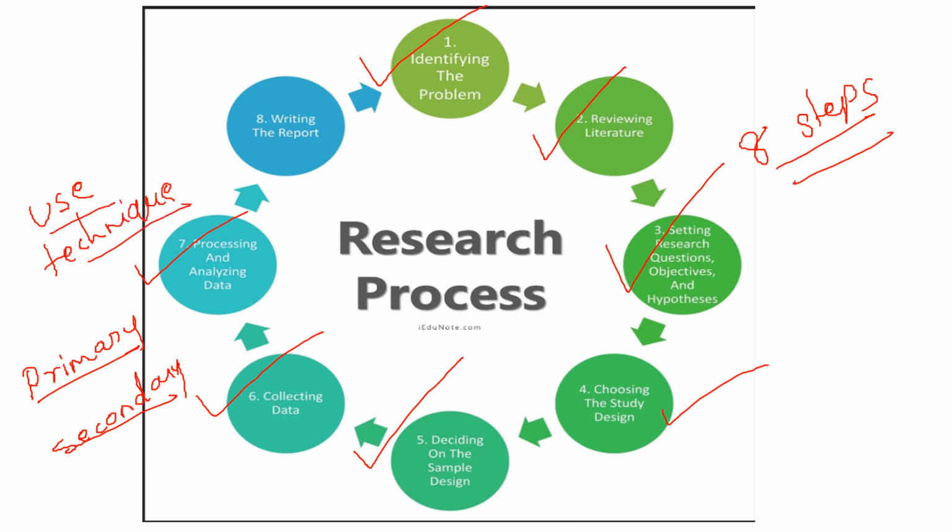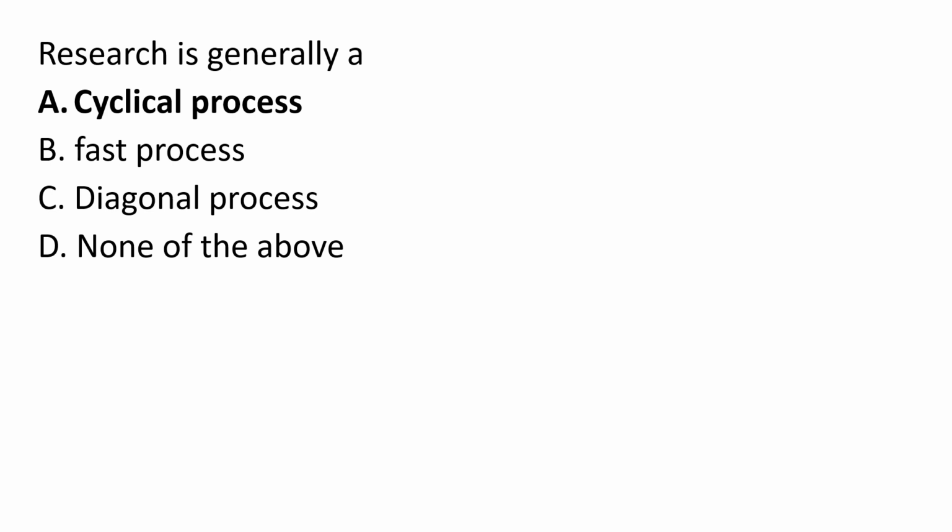And the last step is writing the report or a conclusion. So these are the 8 steps which are really important in the research unit, which you have to remember. Okay. So here the correct answer is option number A, that is research is generally cyclical process.